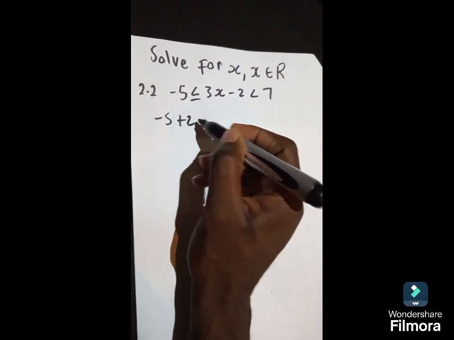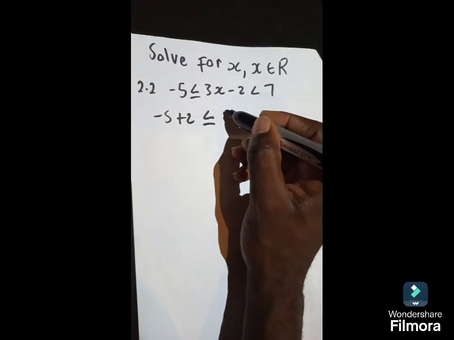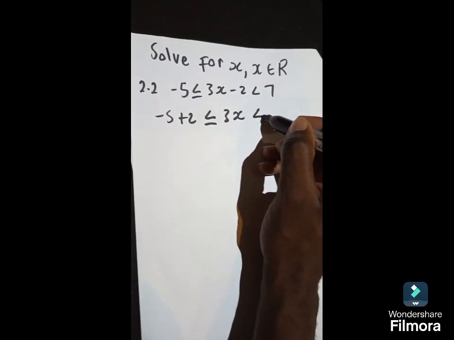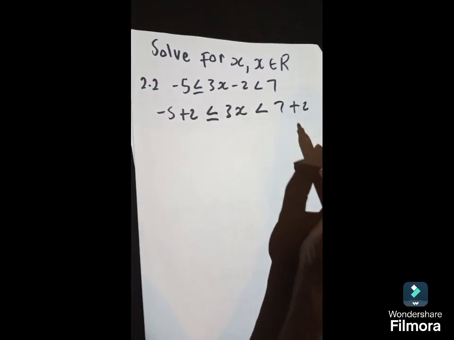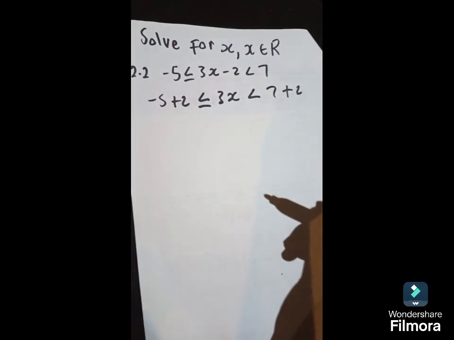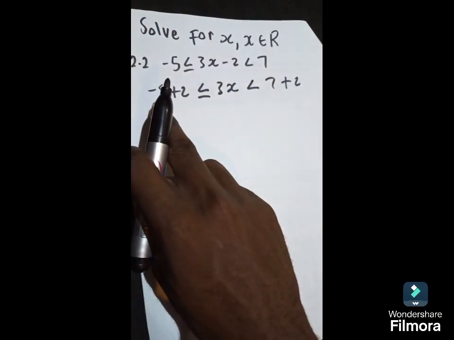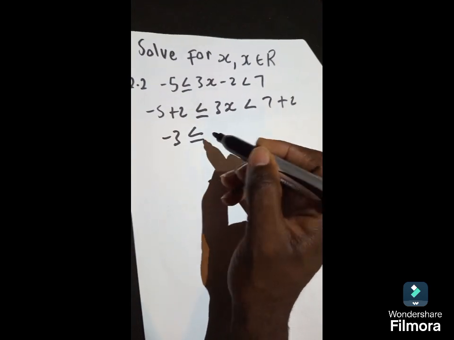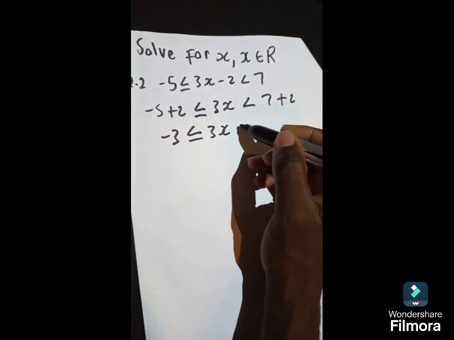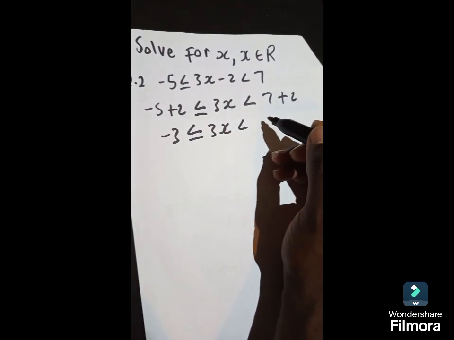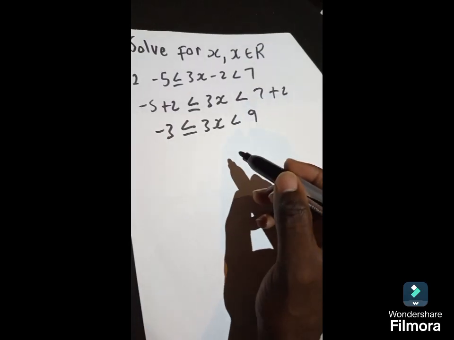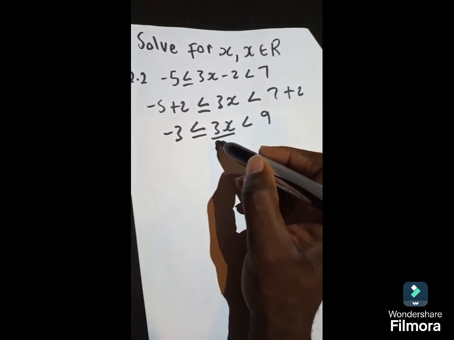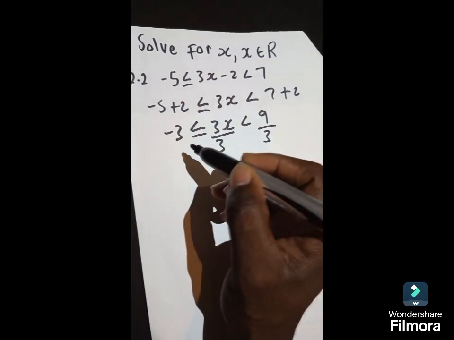Let's do that. So you're gonna have -5 plus 2 less than or equal to 3x less than 7 plus 2. So -5 plus 2, that's gonna give us -3. We are still having this 7 plus 2, which is gonna be 9. So we can divide everything by 3.